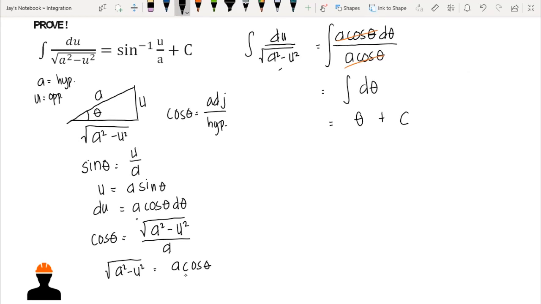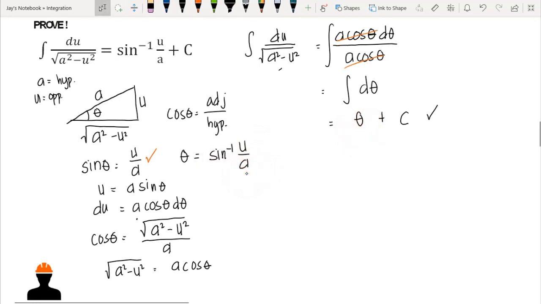Now, take note, this should not be our answer, since we have a variable theta, we substitute back our original function in terms of u. From this equation, our theta is equal to arcsine of u over a. That's the inverse trigonometric function. So therefore, we substitute the value of theta here, that is arcsine u over a.